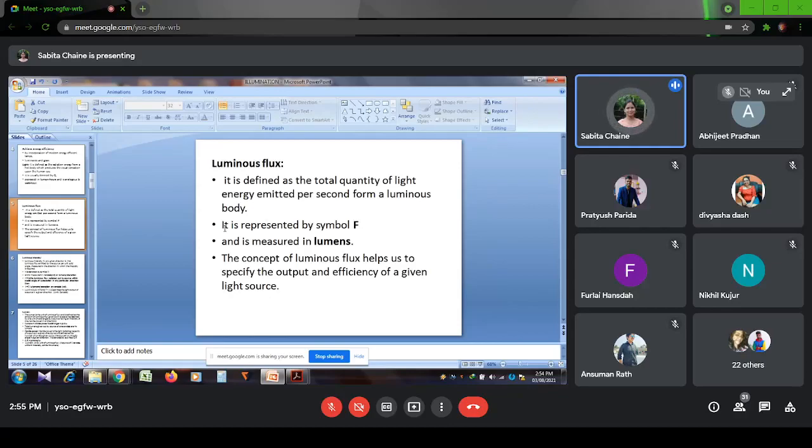So you write the term luminous flux. It is defined as the total quantity of light energy emitted per second from a luminous body, the lighting body.